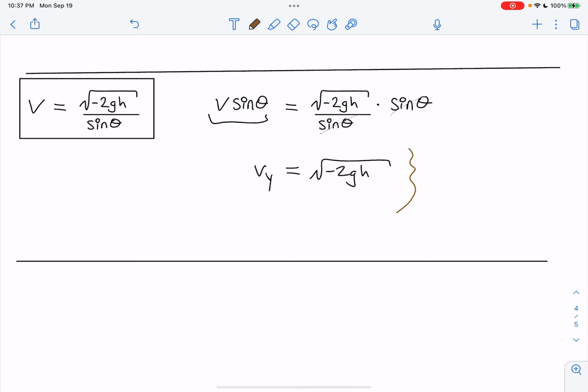Well, what's interesting here is that this is the same as the delta y in the one-dimensional case, where we throw an object straight up.